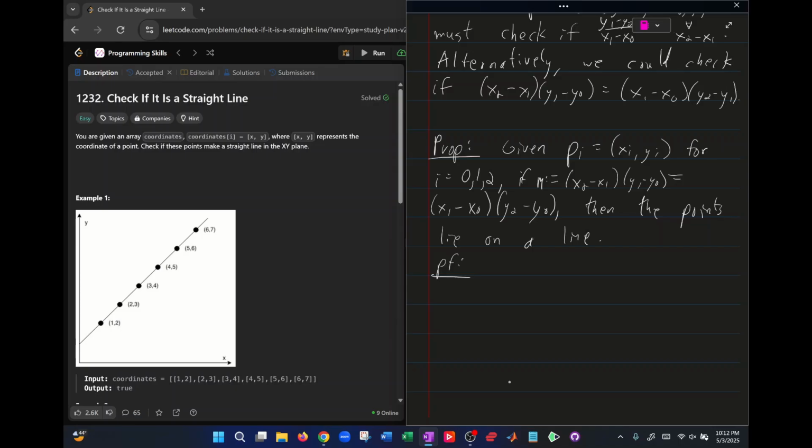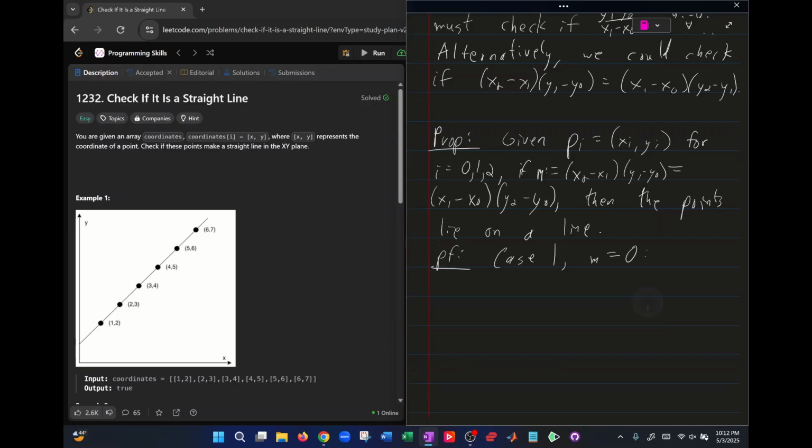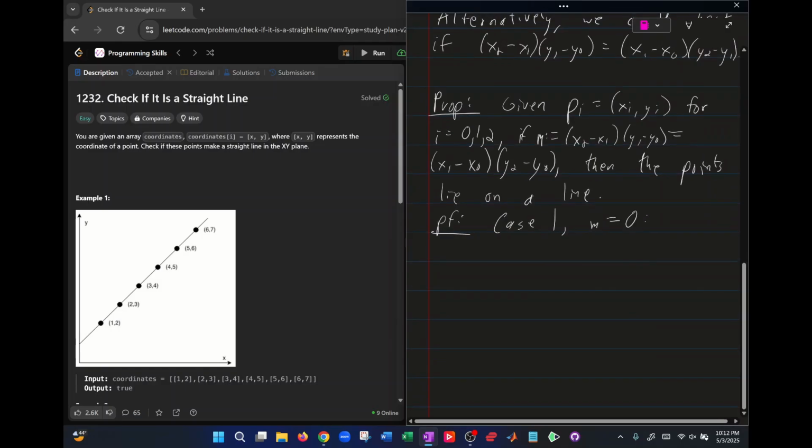Okay, so we have case 1, in which M equals 0. If M equals 0, then this product equals 0 and this product equals 0.